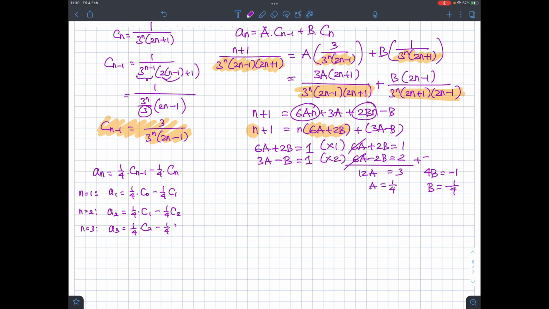c2 minus, this is c3, right? Okay, and if this pattern continues, let's say until n, so a_n becomes 1/4 c_(n minus 1) minus 1/4 c_n, yeah.